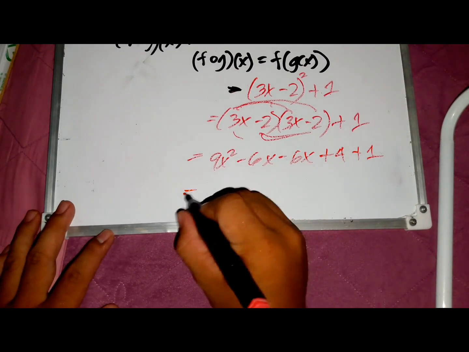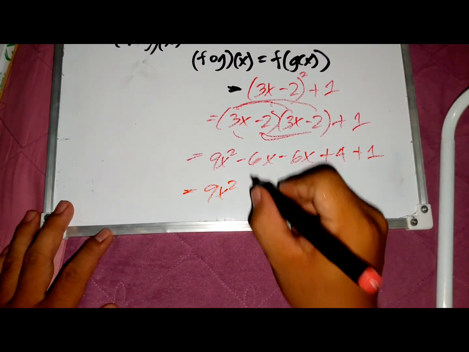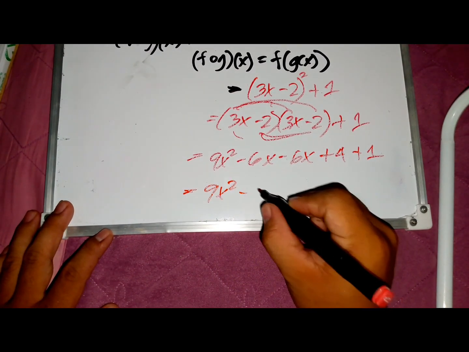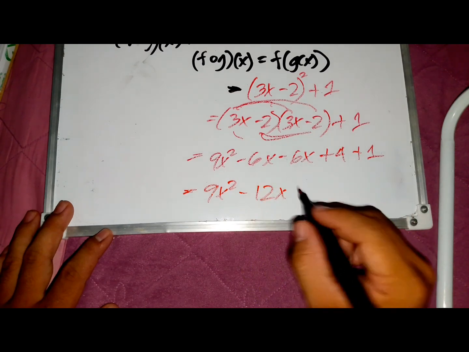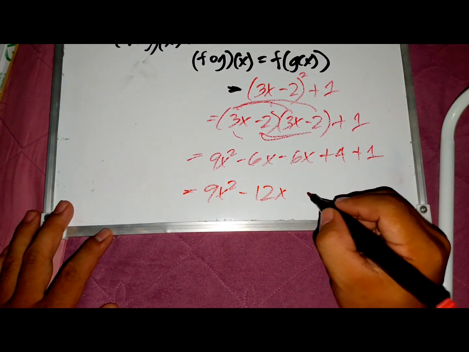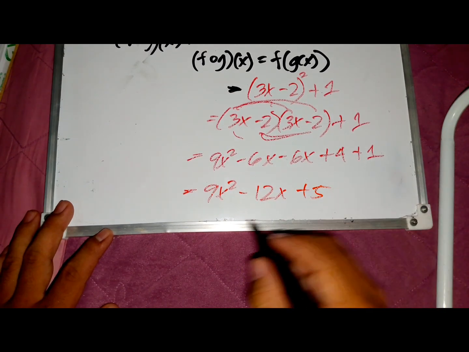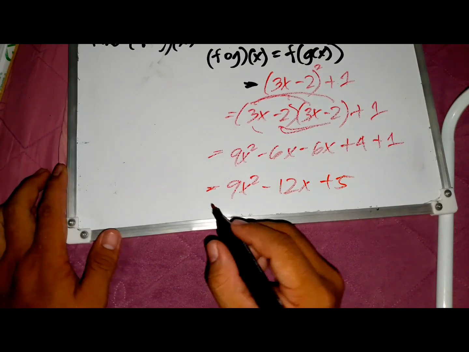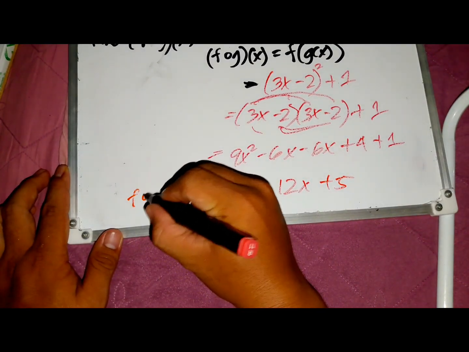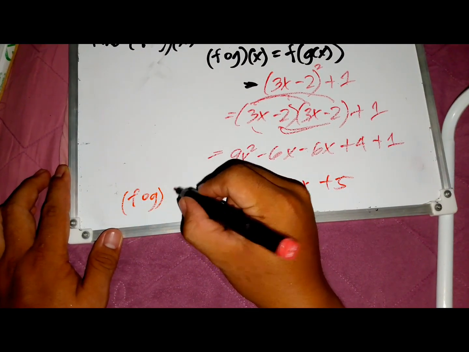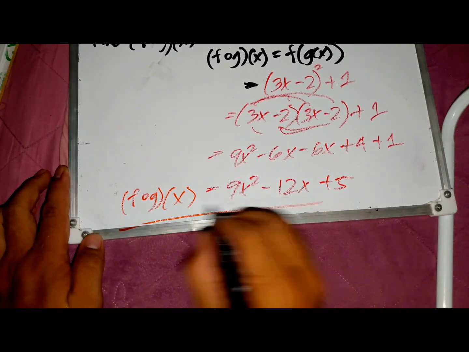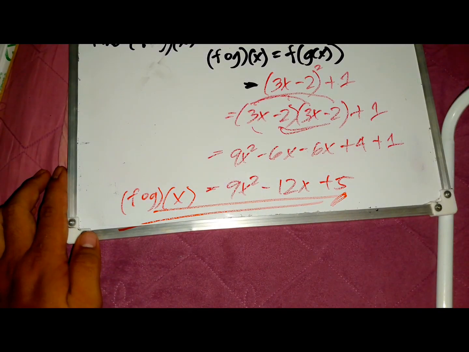So we have 9x squared minus 12x, then 4 plus 1 is equal to 5. So this will be the answer of our f composed of g of x. This will be the final answer for example number 1.